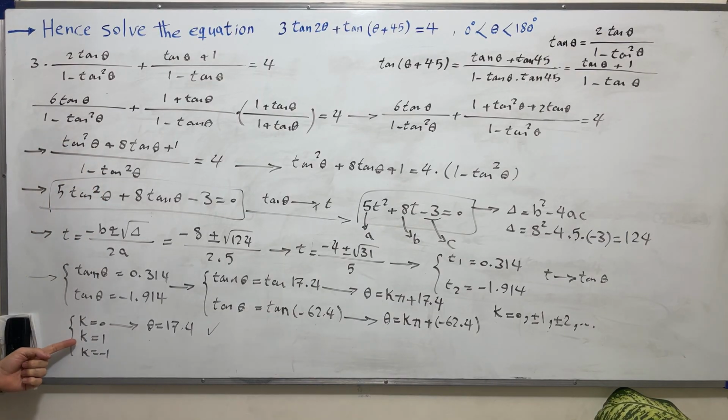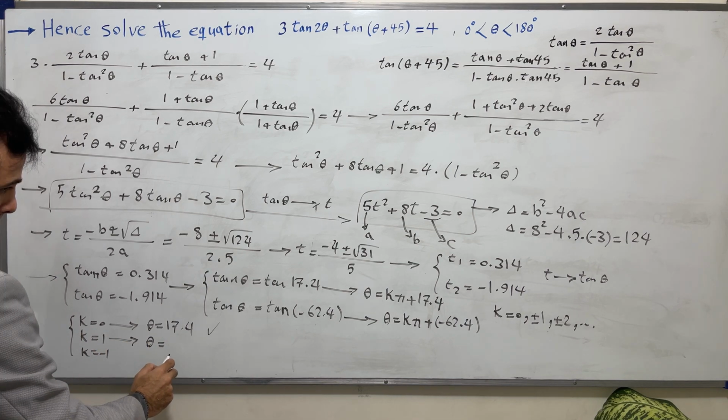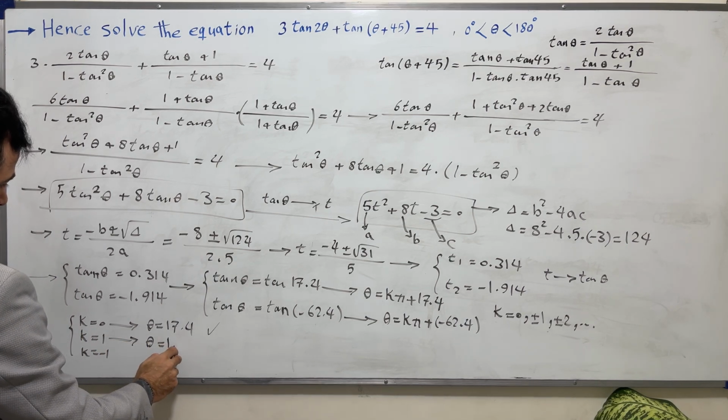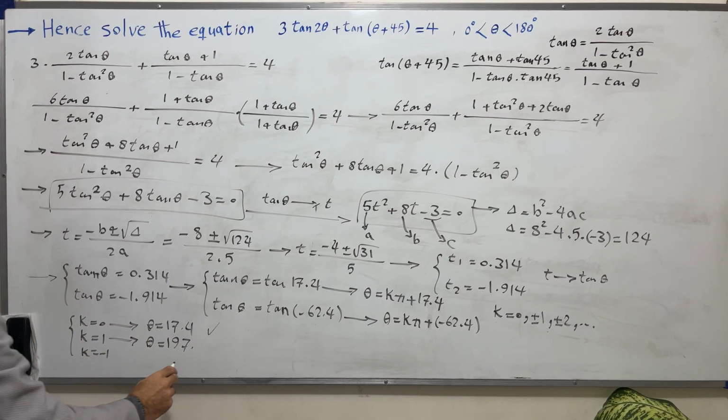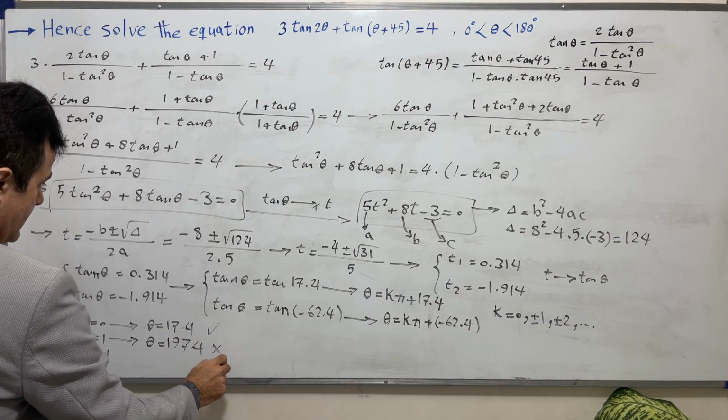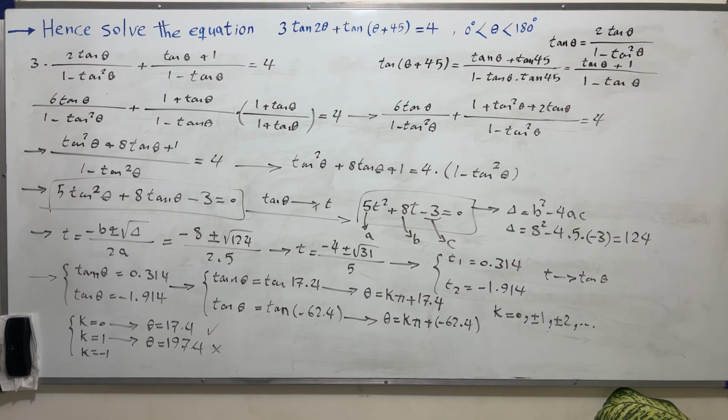And for k equal 1, θ is obtained as 197.4, and it isn't valid because it is not within the range.